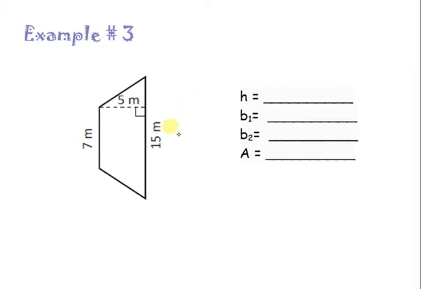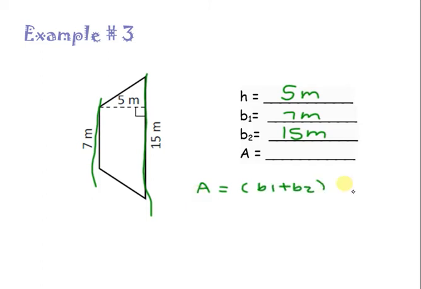Alright, so this one is also sideways, but again, you just look for those parallel lines and that'll tell you what your bases are. So your height here is 5 meters, okay? That's from your highest point to your lowest point. Your base 1 is 7 meters and your base 2 is 15 meters. So your formula is area equals base 1 plus base 2, inside parentheses, times the height, times 0.5.